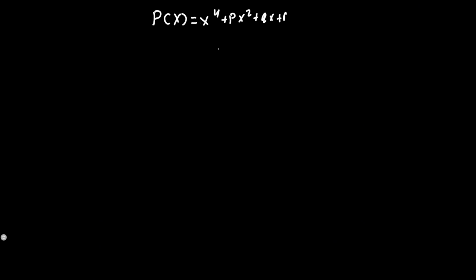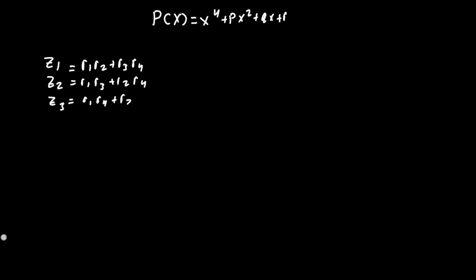What we're going to do is assign z1, z2, and z3 to be combinations of the double products of the roots. So you'll have r1, r2 plus r3, r4, and then r1, r3 plus r2, r4, and r1, r4 plus r2, r3.